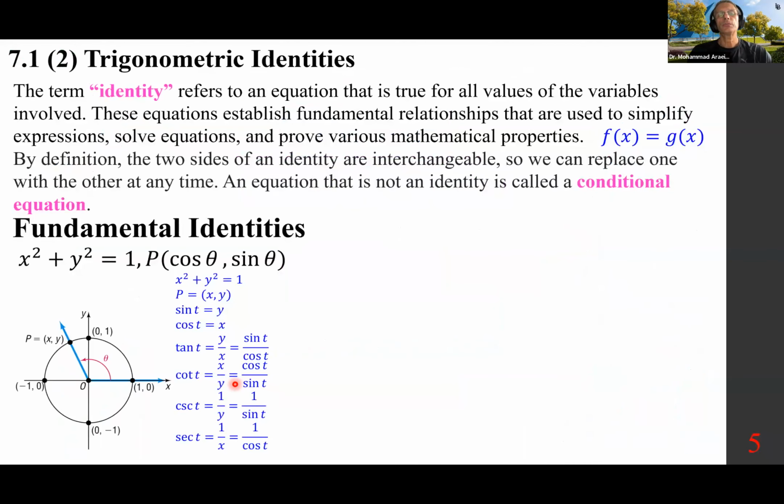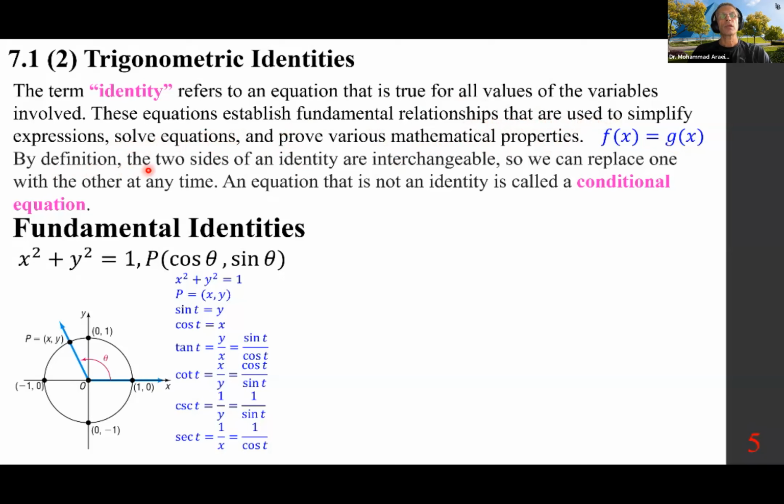We are going to look at more identities in this section, but the term identity refers to an equation that is true for all values of the variables involved. These equations establish fundamental relationships that are used to simplify expressions, solve equations, and prove various mathematical properties. So f of x equals g of x.